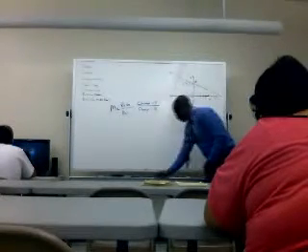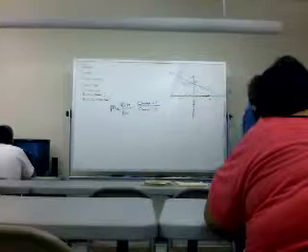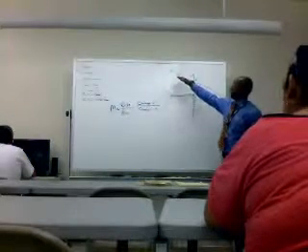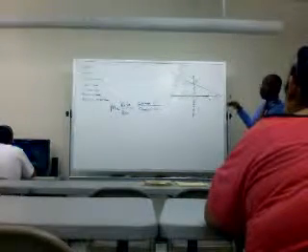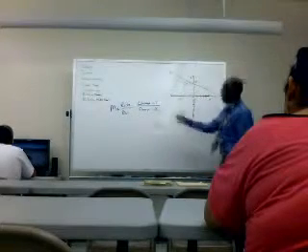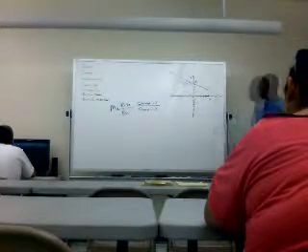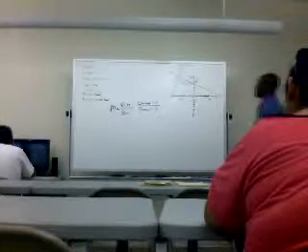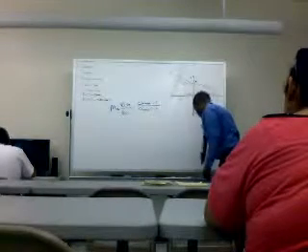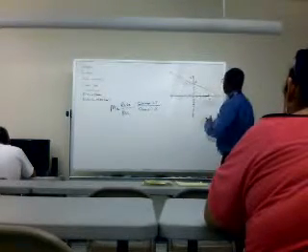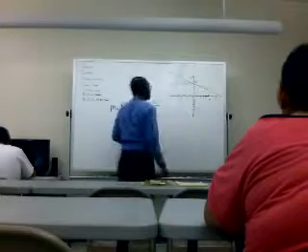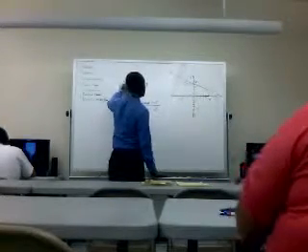If I'm going from left to right and my line goes down, then I know that my slope will be negative. If I'm going from left to right and my line goes up, then I know that my slope is positive. All right, so let's look here. The slope of this one is the change in y over the change in x.